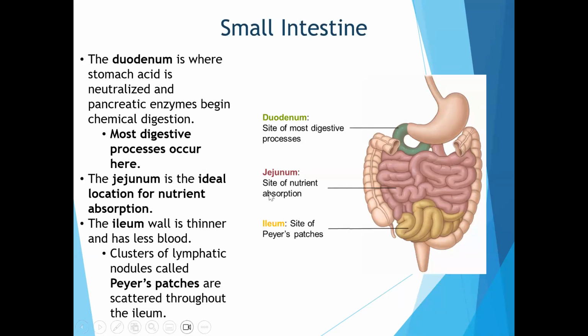Our duodenum is where a majority of the actual digestive processes, or the breakdown, is going to take place. The jejunum, or the middle portion, is where a lot of the nutrient absorption is going to take place. And then the ileum is where our Peyer's patches are.